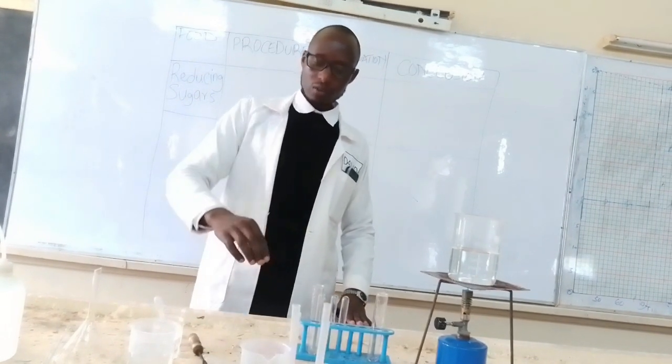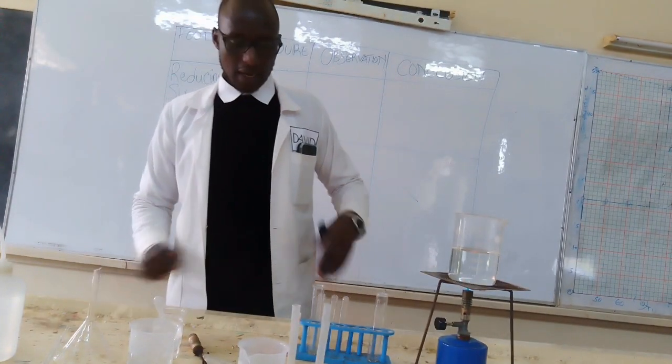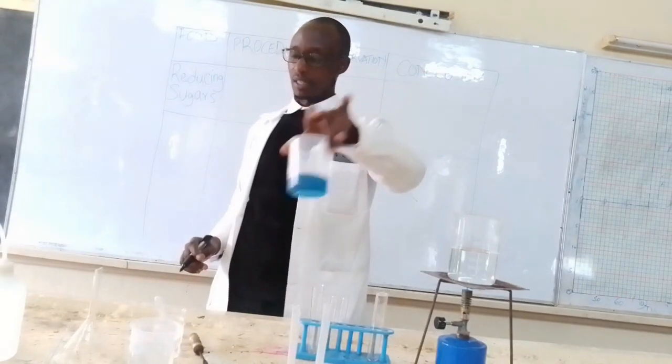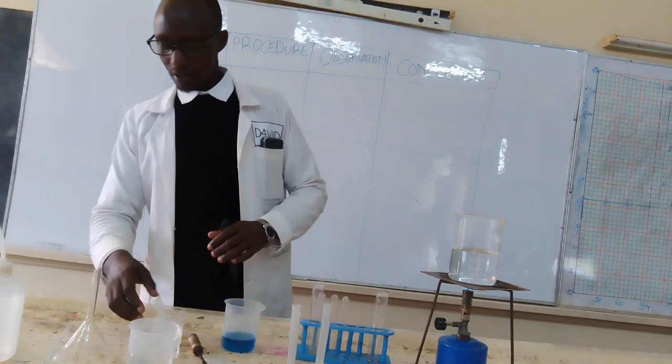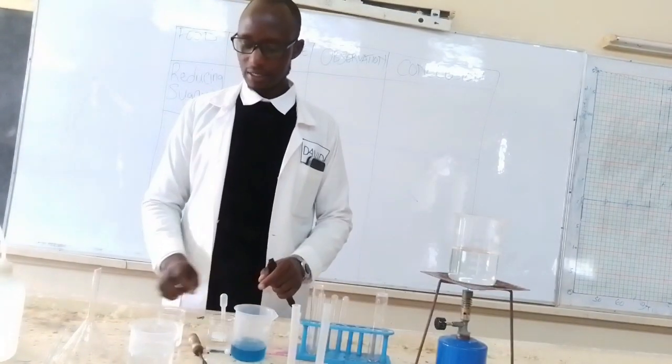So we are going to test for both reducing and non-reducing sugars, and we have our reagents ready. We have our Benedict solution, which is our major reagent. We have hydrochloric acid solution, which is a dilute hydrochloric acid.